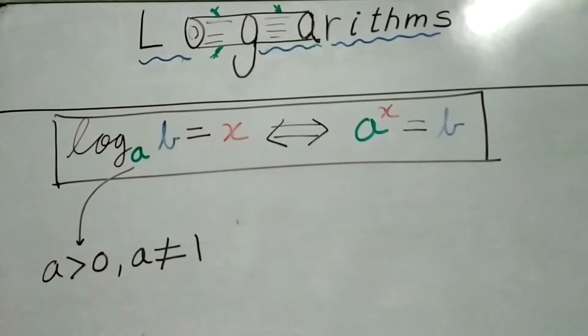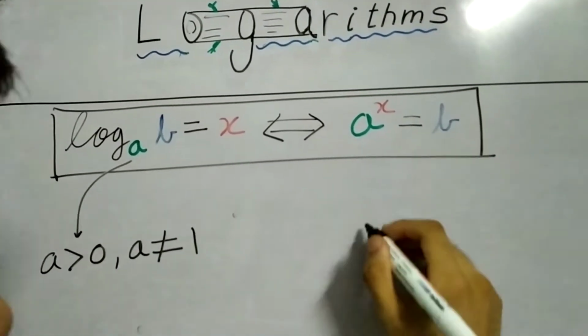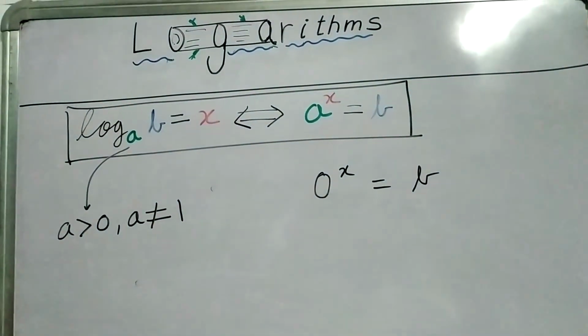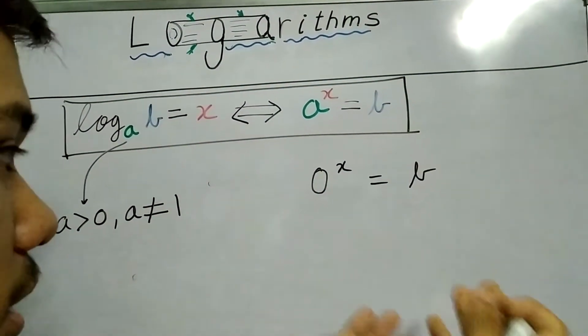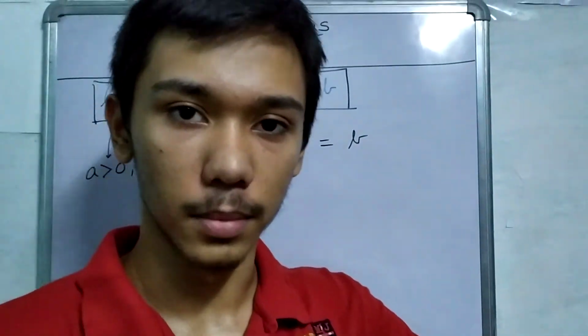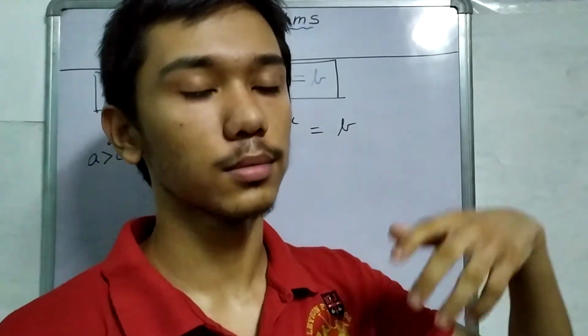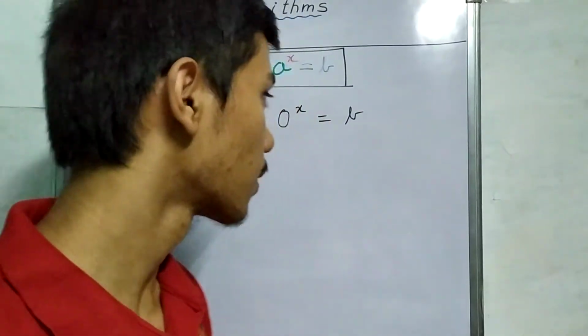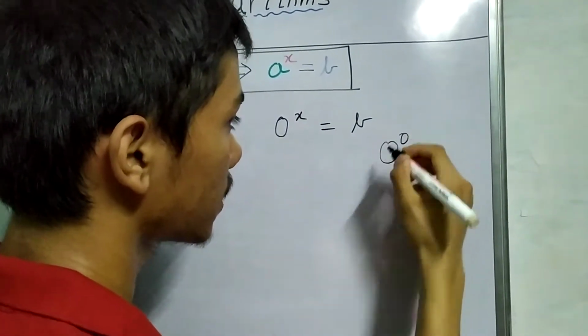So let us put a equal to 0, so we get 0 to the power something is equal to something. But that's clearly not the case. You can't raise 0 to some power and get a different number. 0 to the power 2 is 0, 0 to the power anything is 0. Now of course some of you may ask, what about 0 to the power 0?